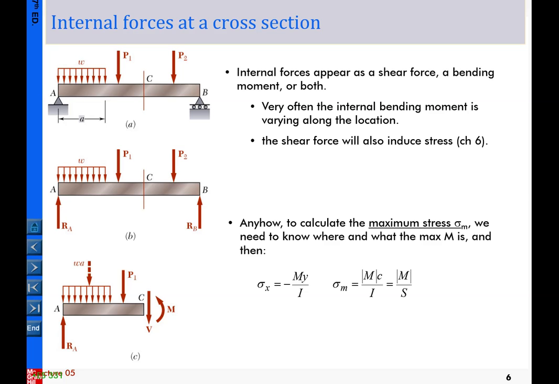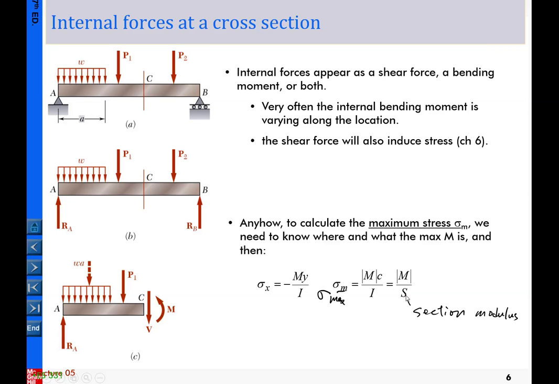The reason why we want to determine the distribution of the bending and shearing, in particular for bending, is this. From the previous chapters, we have learned that the maximum stress is equal to the magnitude of the moment divided by the section modulus. For designing the beam, that is the equation.